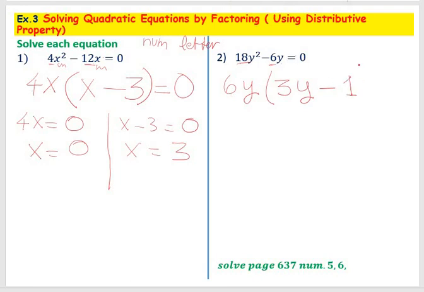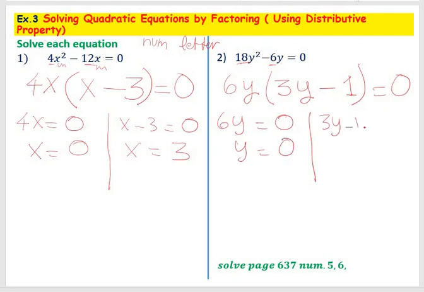And I must write the 1. Equals 0. Then y equals 0. And 3y minus 1 is equal to 0. Then 3y is equal to 1. And y is equal to 1/3. Here I have y can be equal to 0 and can be equal to 1/3.